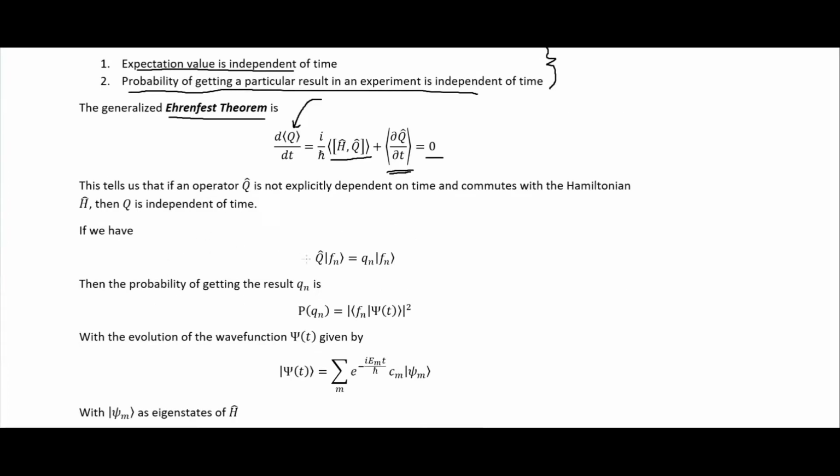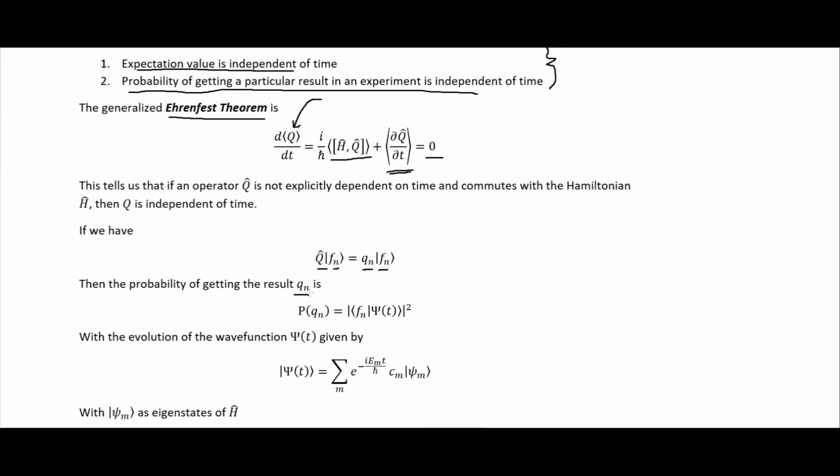All right, so if we have some operator q hat, and we act it on some function and get an eigenvalue multiplied by that function, then we want to know the probability of getting this q_n. This could be any kind of thing that you could observe.